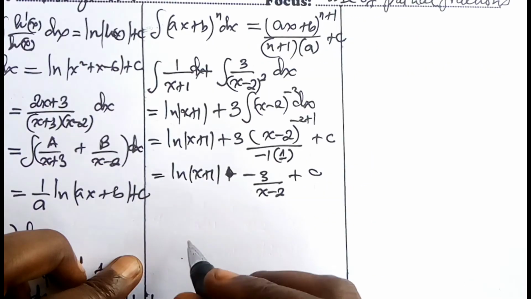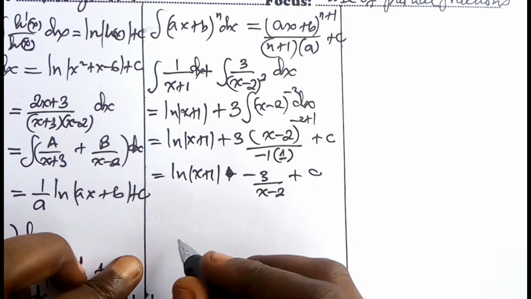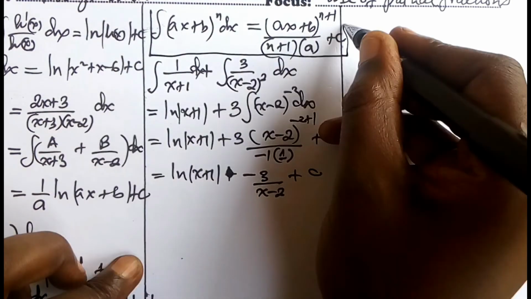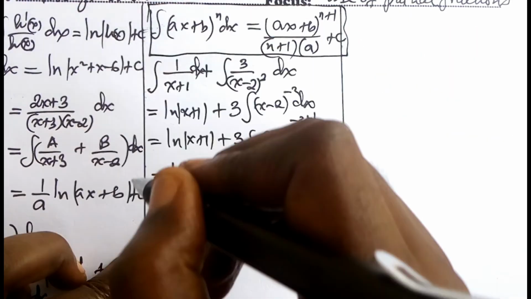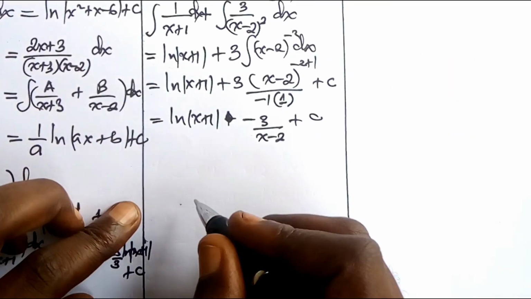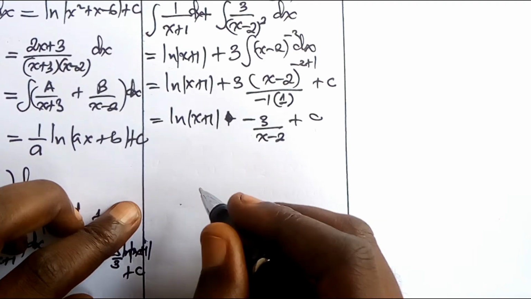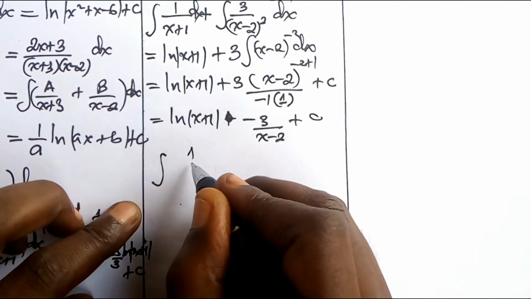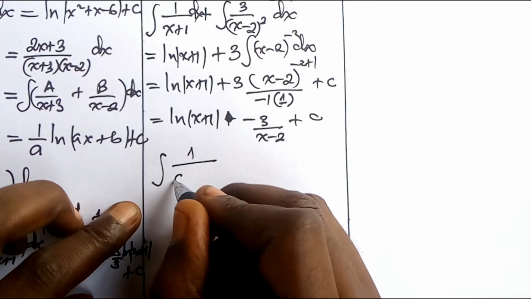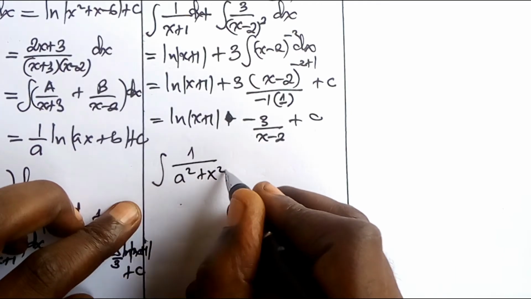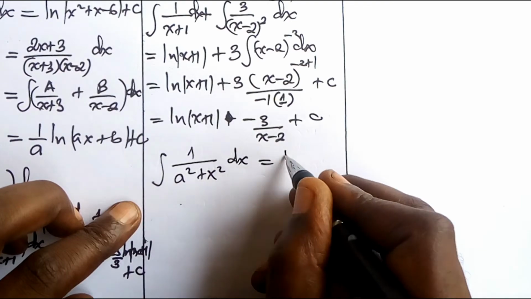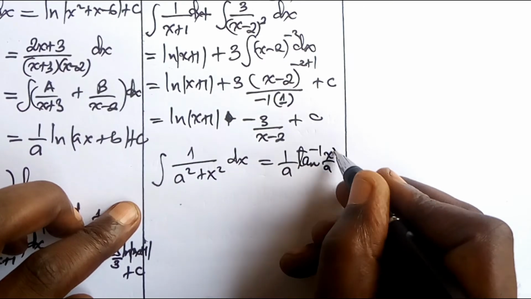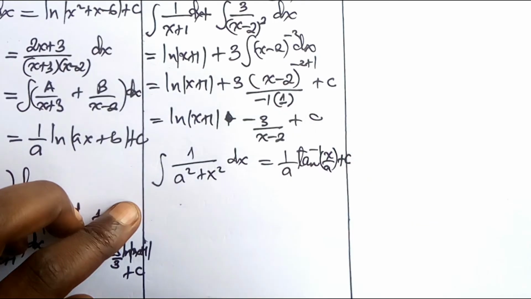Now, this is the case for repeated factors. In the case where there are quadratic factors at the denominator, you would need to use this standard integral, which equals 1 over a tan inverse of x over a plus c.